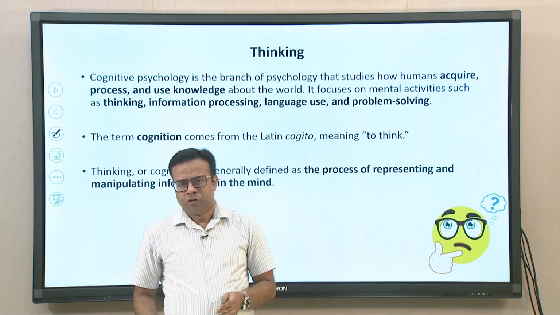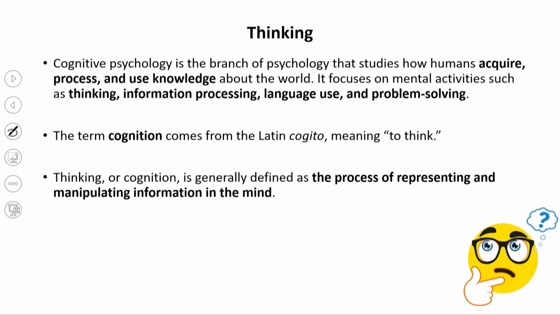Okay. So, let us start with the concept of thinking. Because this module is about thinking, how do we define thinking? Thinking is one of the central concepts in one of the major branches of psychology, which is called cognitive psychology. It is a particular branch of psychology that studies how humans acquire, process and use knowledge about the world.